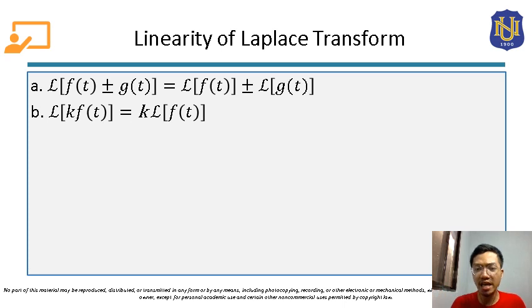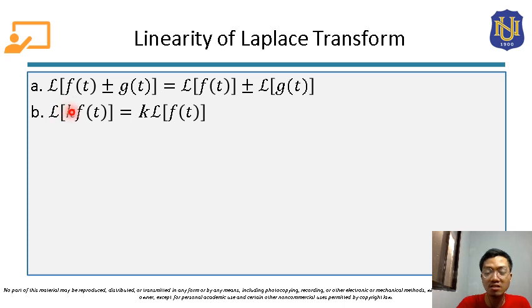So if there are cases that we are going to solve for the Laplace transform of a product, and the components of that product are not just a constant, this is actually a product of a constant and f of t.